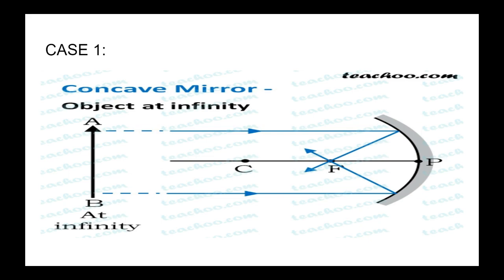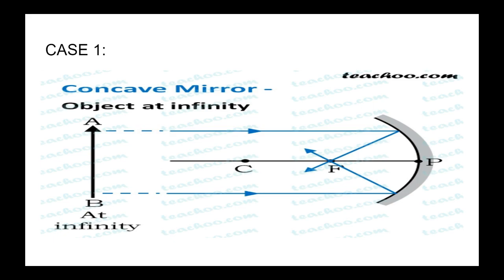Could you see the mirror, the point P? The point P is called the pole of the mirror. The line extending towards the object from P is called the principal axis. C stands for center of curvature and F stands for principal focus.